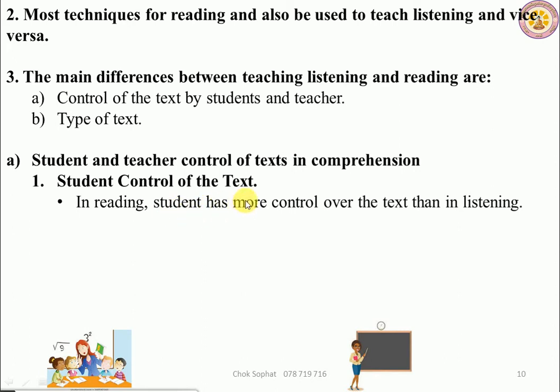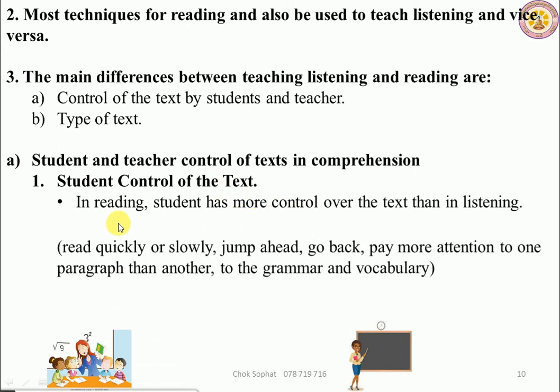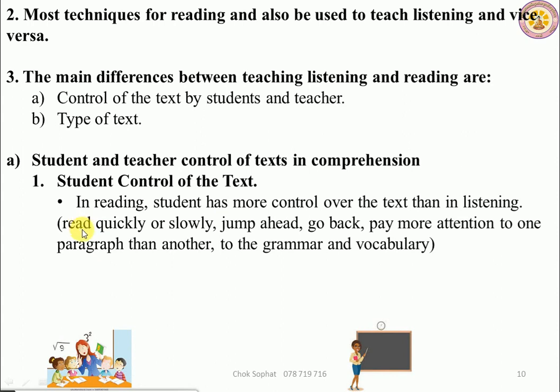They can read the text quickly, slowly, or loudly, for example. But for listening, they cannot. For example: read quickly or slowly, jump ahead, go back, pay more attention to one paragraph than another, to the grammar and vocabulary. This is the way the student can control the reading text.